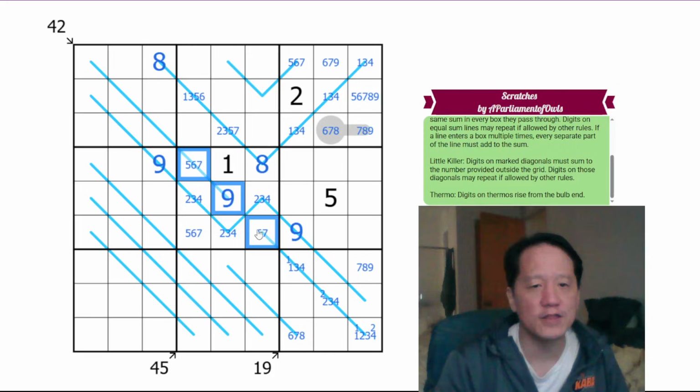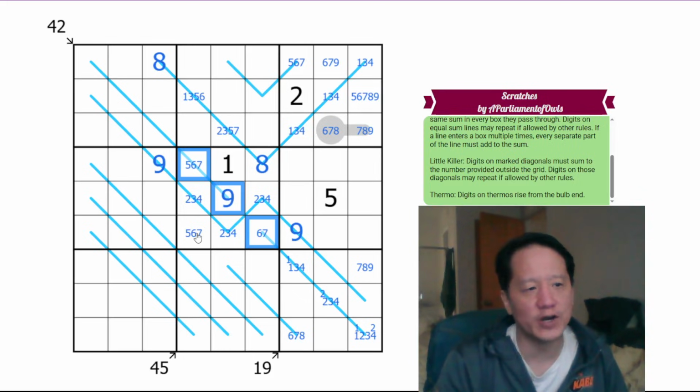So if you add these three together, they equal exactly the same as these 6. Which means along this large diagonal, the long diagonal, 2 times these 3 digits is equal to 42.